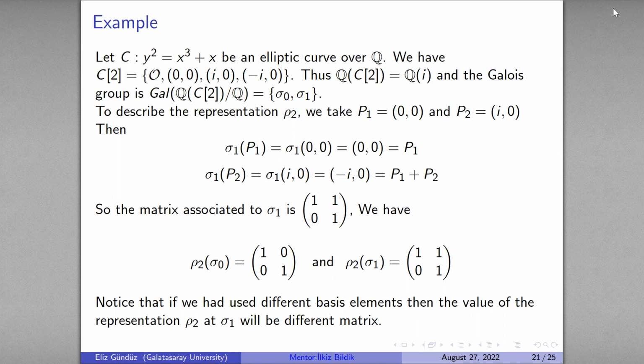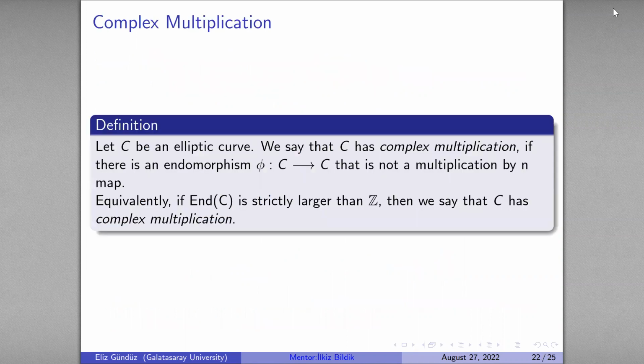So the matrix associated to sigma 1 will be this. So we have the representation here. And notice that if we had used different bases, then the representation would be a different matrix. And note that the Galois representation associated to an elliptic curve need not be an isomorphism.